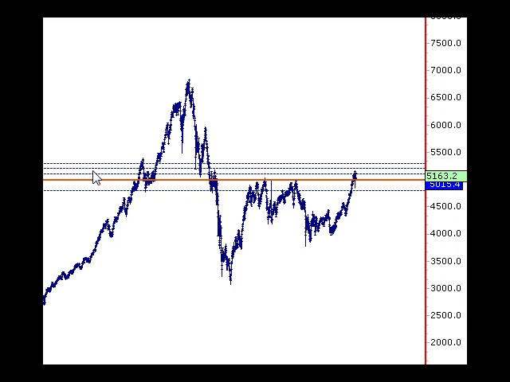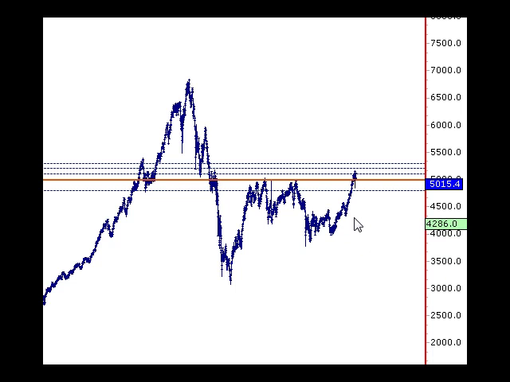And also, you can see that the 5,000 is the balance line for this correction that's unfolding. So it's still got more to go, and we'll be looking at this as an A wave down to here, an A and a B and a C wave up to here as a larger B wave, and then a C wave coming down through here as well. So there's more to go through there.